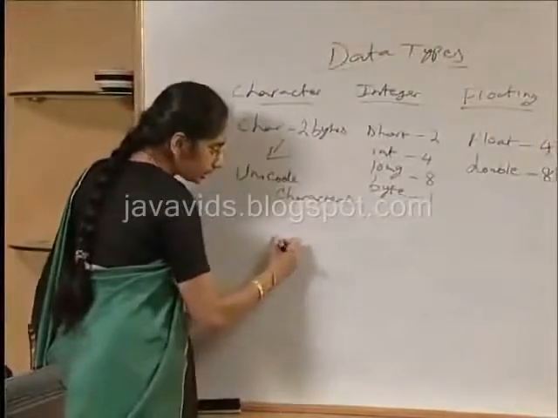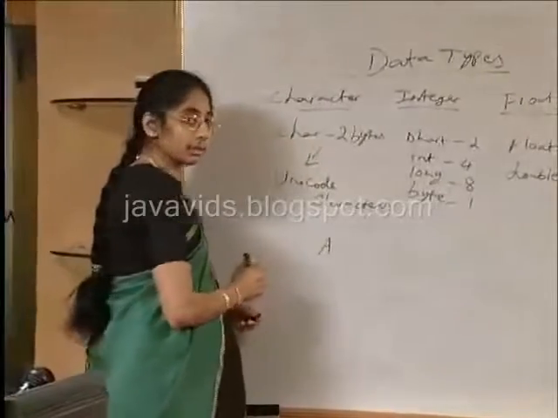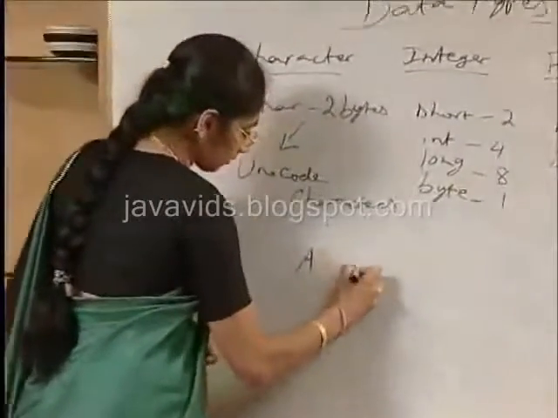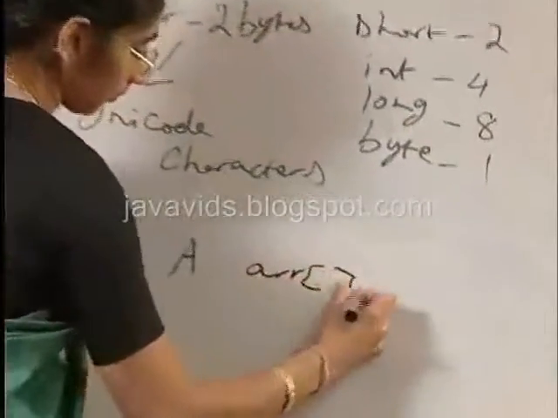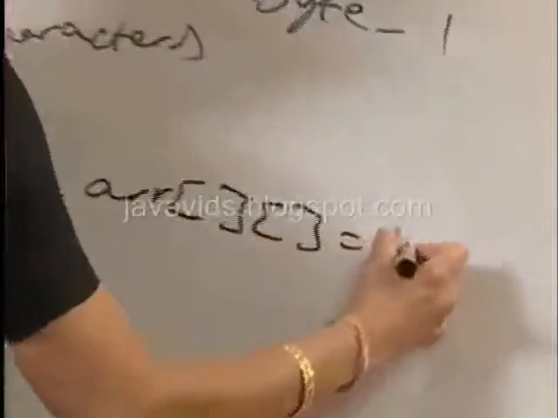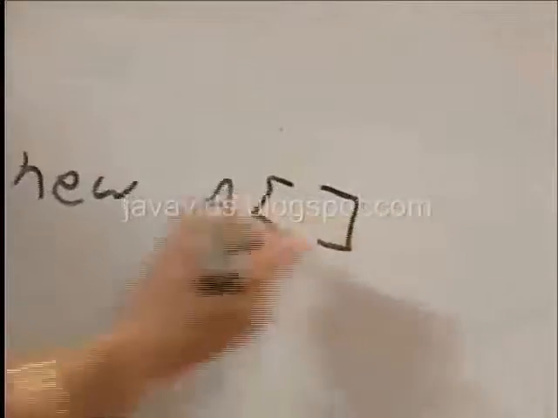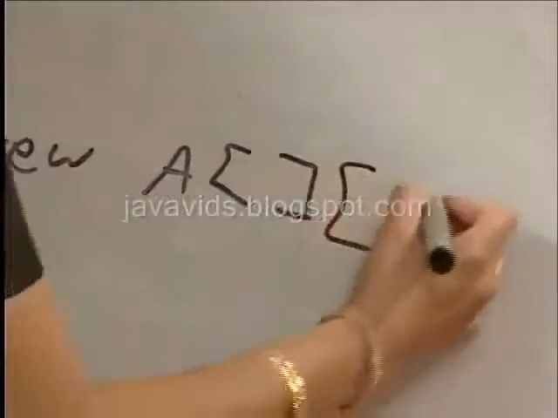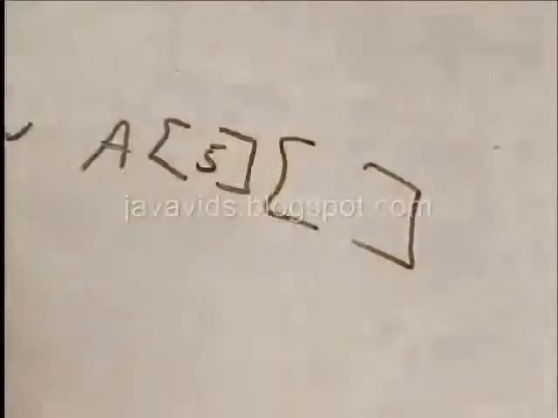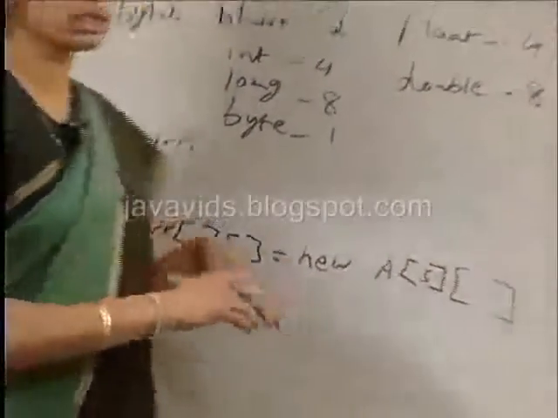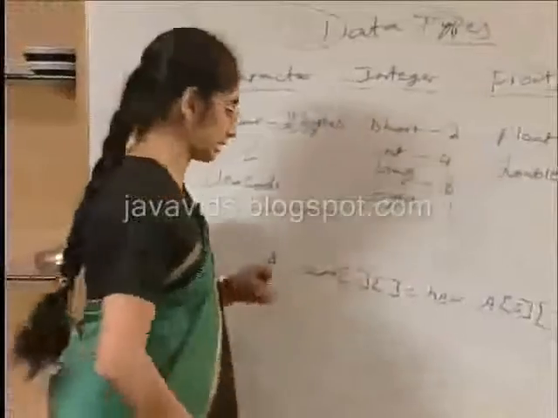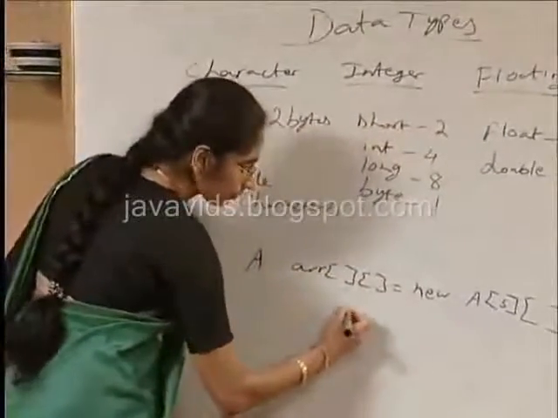Similarly, if you're creating a 2-dimensional array, for example, you can have each of the rows with different lengths in a 2-dimensional array.